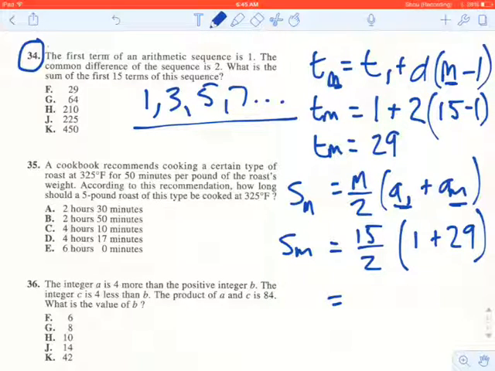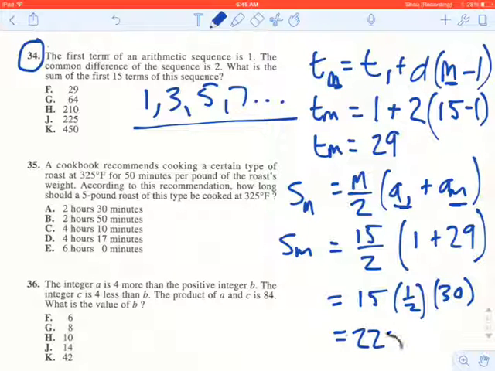That gives 15 over 2 times 30. So this is really just 15 times 30 over 2, which would be 15, right? So it's 15 times 15, and that gives 225. So our answer is 225.